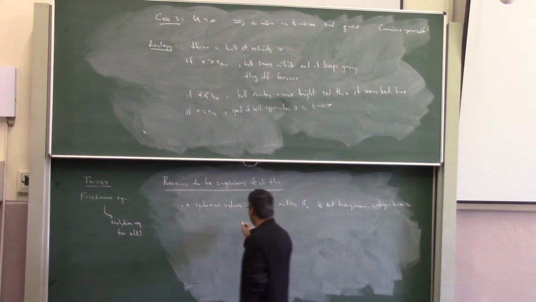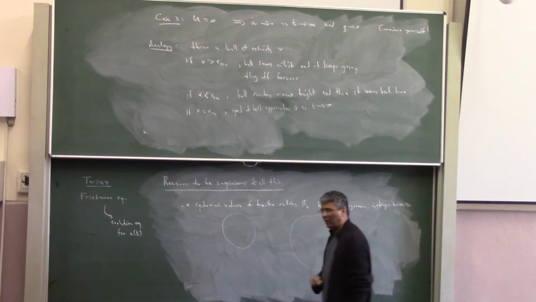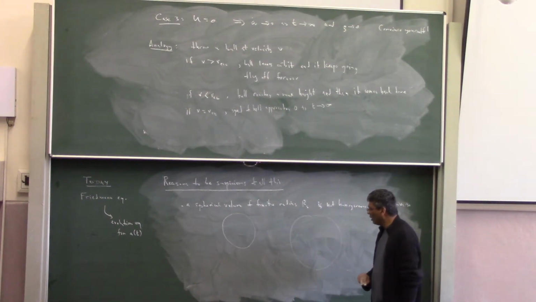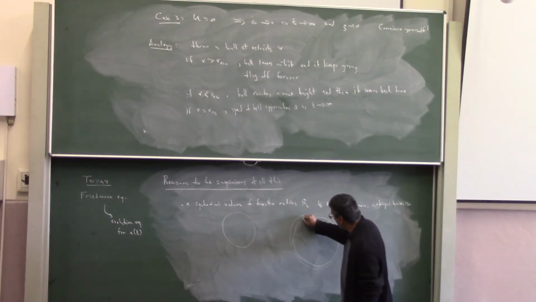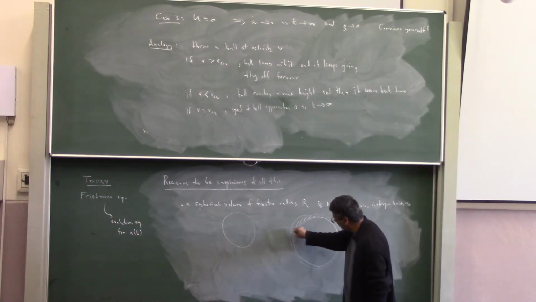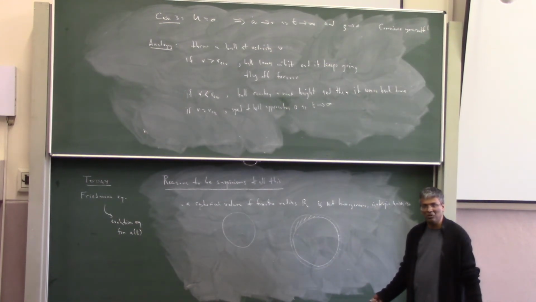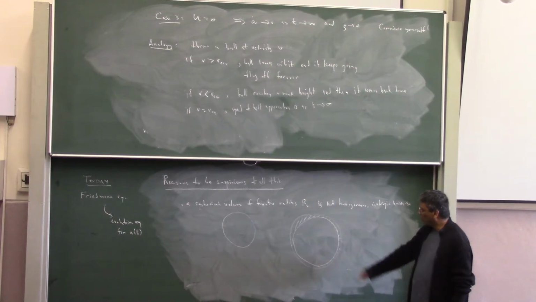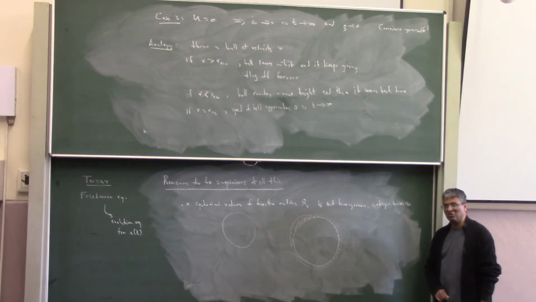Suppose you've got a spherical volume, and suppose you have another spherical volume of a bigger radius. You can check for yourselves that most of the volume is close to the surface. Because most of the volume is close to the surface, most of the mass is close to the surface, since mass density is given by the mass over the volume. As a result, this universe is definitely not homogeneous.